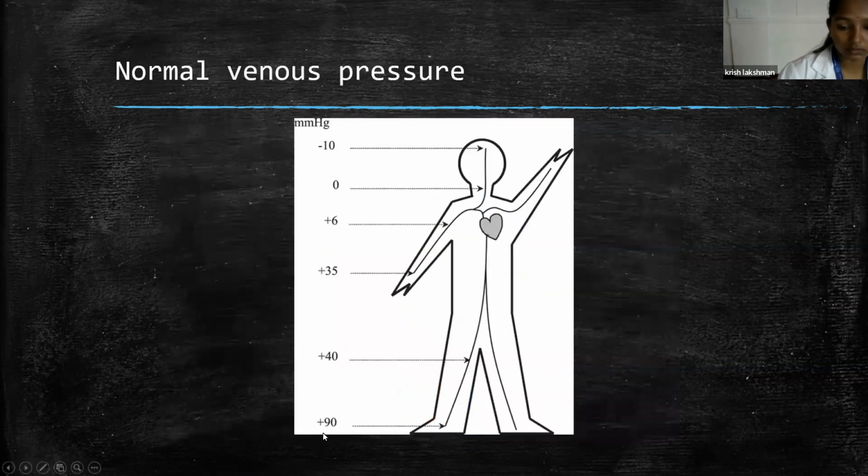So normally the venous blood pressure in the lower limbs is 90 mmHg, whereas in the brain it is 10 mmHg.